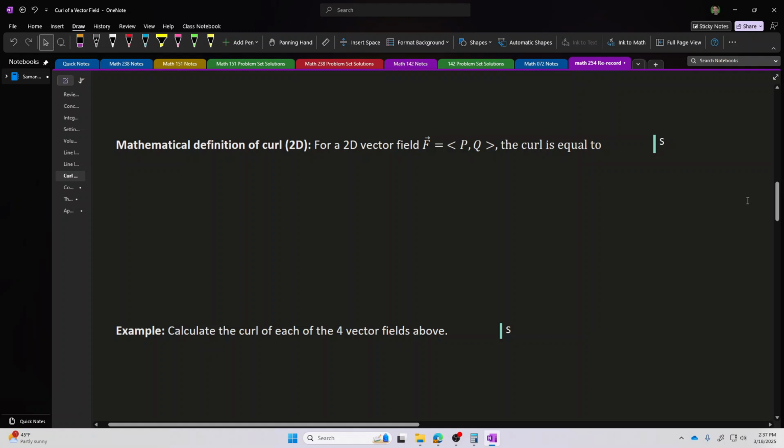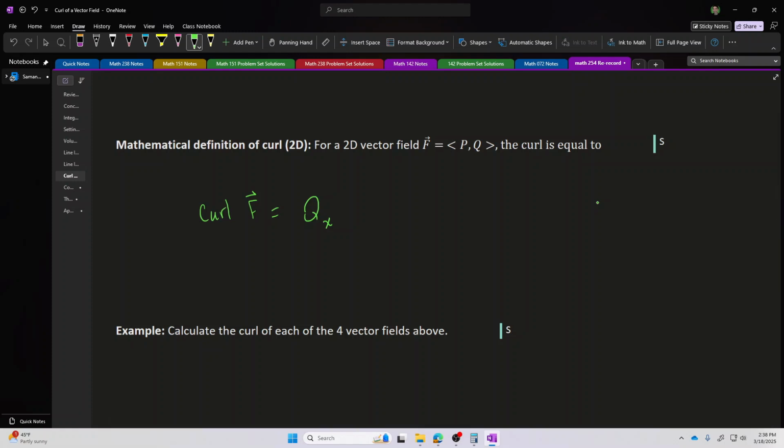So we have the following formula that can be used to calculate the curl for a two-dimensional vector field. If you have a two-dimensional vector field whose first component is called P and whose second component is called Q, then the curl of the vector field is found by taking Q and taking its partial derivative in the x direction.